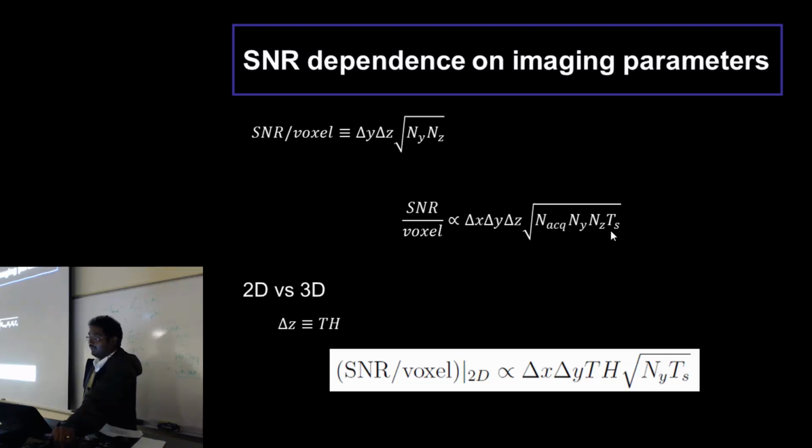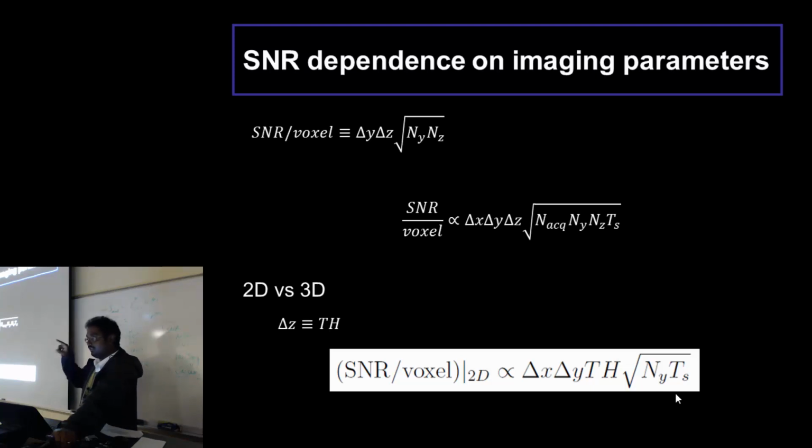Now, in the case where NZ times TR in a 3D experiment, not TS but TR, that's the imaging duration, right? So NZ times TR in a 3D experiment is equal to the TR of the 2D experiment. Then more or less these two applications, 2D versus 3D, are equivalent.